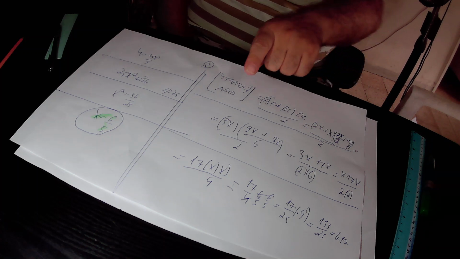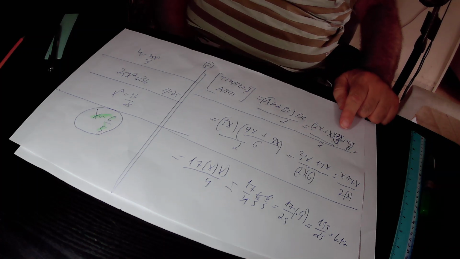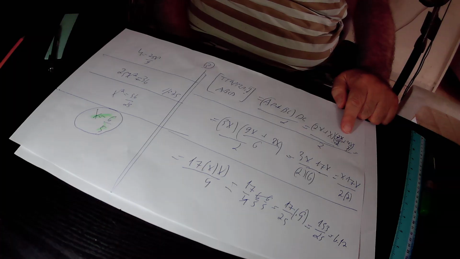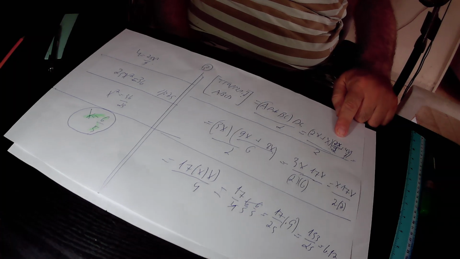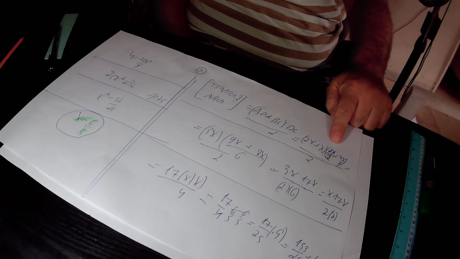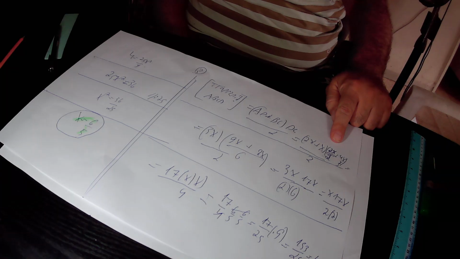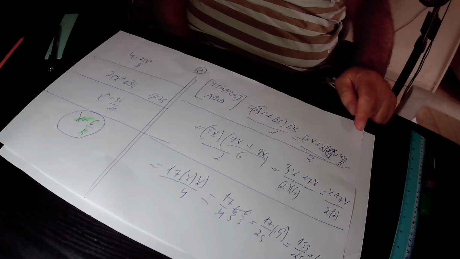2x plus x is 3x. Here we take 6 as a common denominator for those two expressions. That is to say, we multiply this expression by 3 and divide by 3, so we have 3 times 3x, which is 9x, over 2 times 3, which is 6.